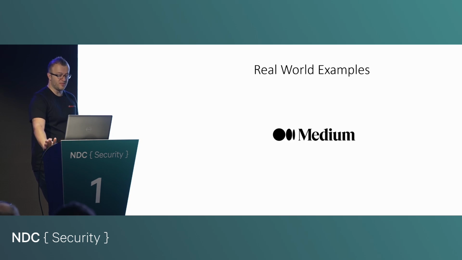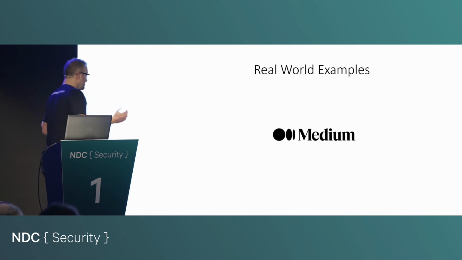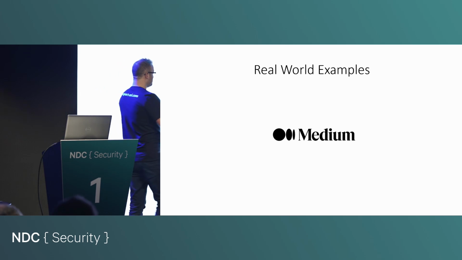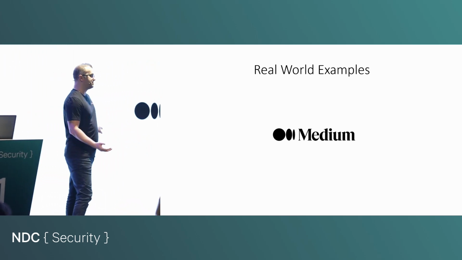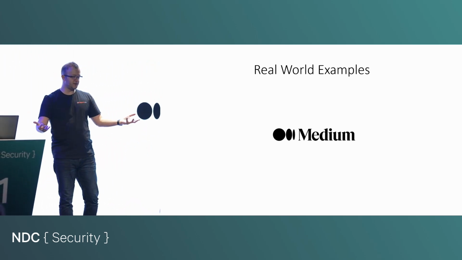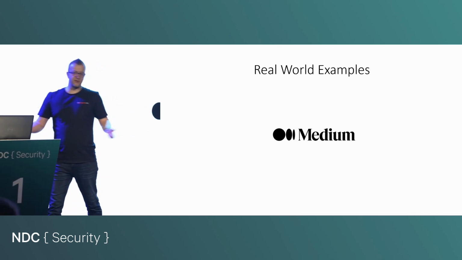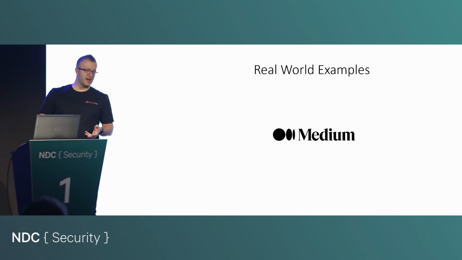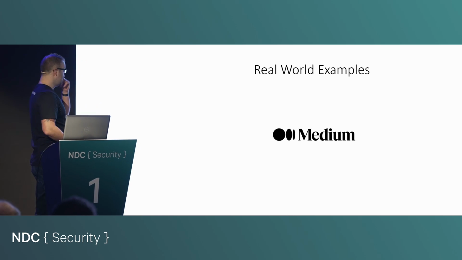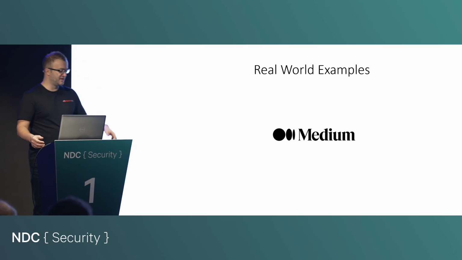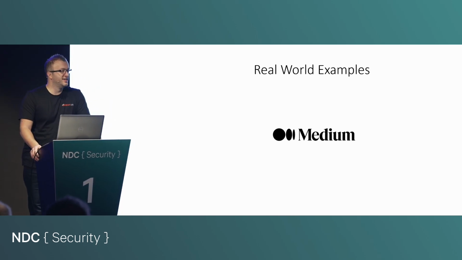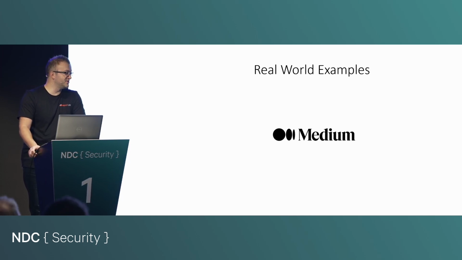I found another example, and this one was kind of interesting. If you ever go to a news website and they say, here are some articles that you've not read, and they're new to you, how are they tracking the ones that I've read and the ones that I've not read? It turns out that on Medium, they use a Bloom filter. So when you visit an article, they set the article in the Bloom filter for articles you've read.